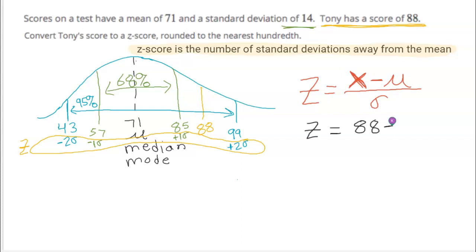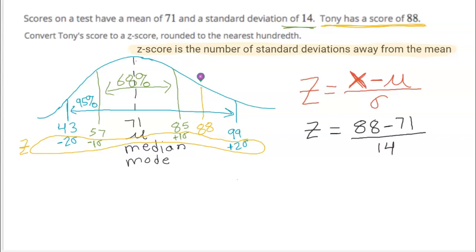Okay, so 88 minus 71. Divided by, and what is the standard deviation? 14. 14. Awesome.